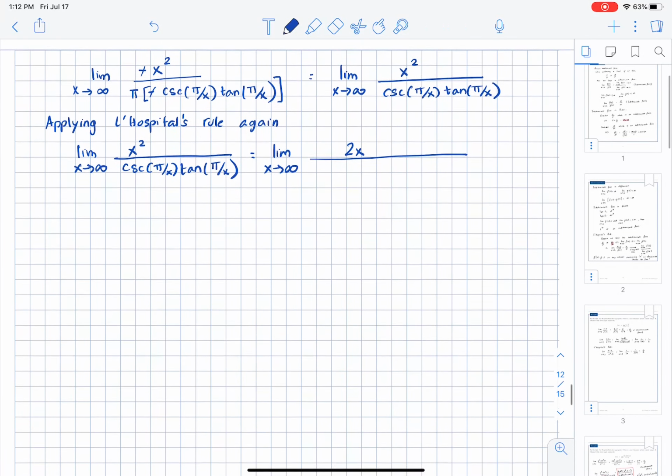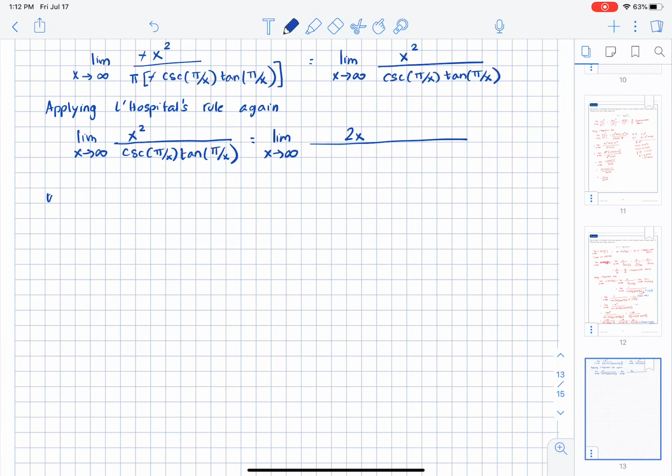The derivative in the denominator requires product rule. So u is cosecant x, v is tangent pi over x. U prime is negative cosecant pi over x times tangent pi over x.